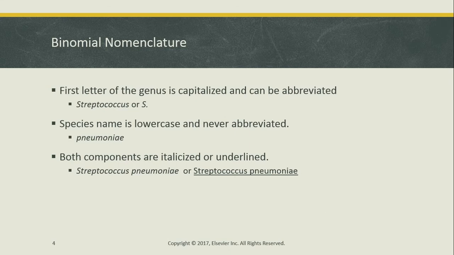The species name is always lowercase and is never abbreviated. However, for internal purposes, you will see that we do abbreviate it, but that's just for internal use. When it comes to actually reporting things out, we do use the complete name. Both components are then either italicized or underlined.